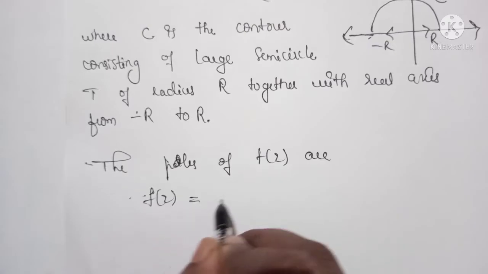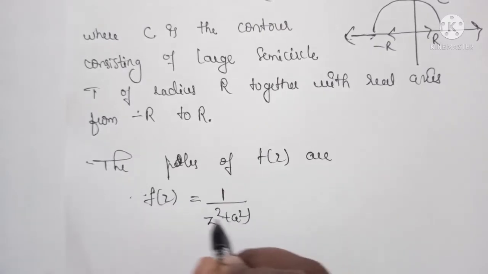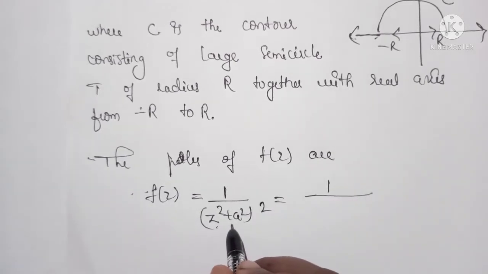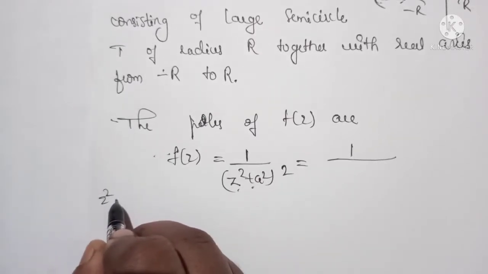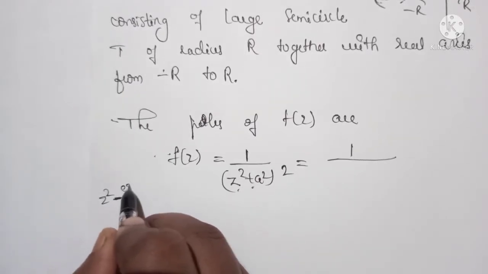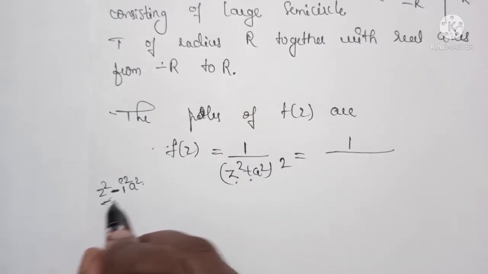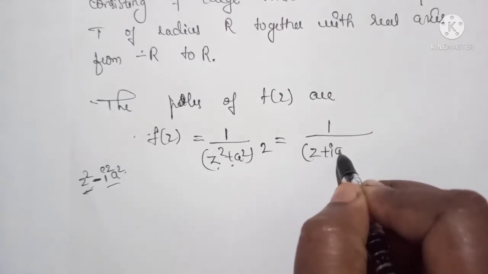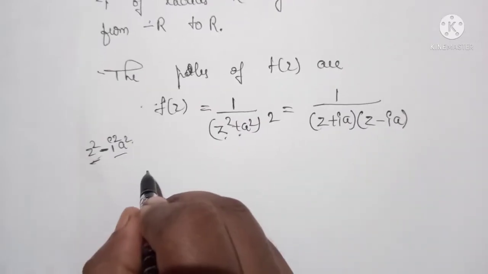So f of z can be written as 1 by (z square plus a square) whole square. Here z square plus a square can be written as z square minus i square into a square, so we apply the a square minus b square formula and get (z plus ia)(z minus ia).